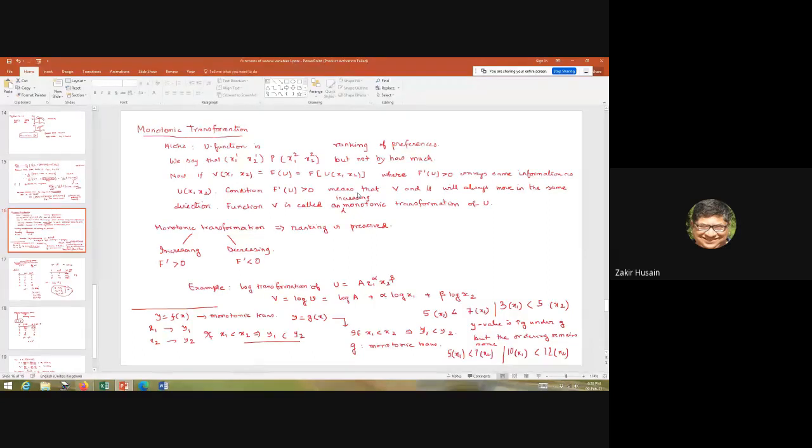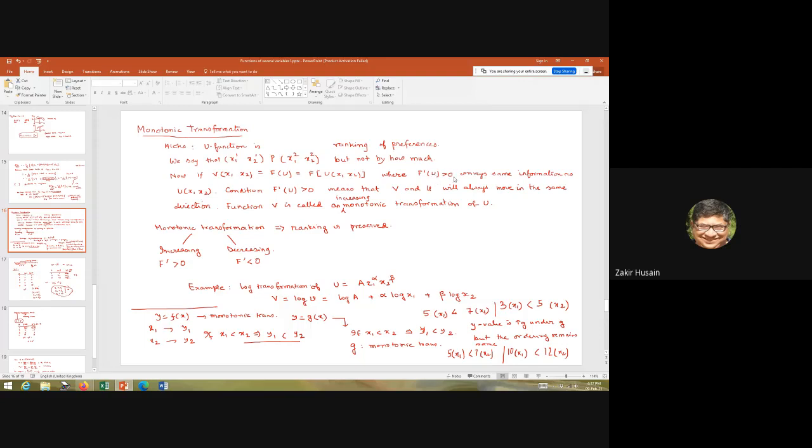Now, one important implication is that it is possible to take a monotonic transformation of the utility function. So, if we have the utility function u as a function of x1, x2, we can simply take a monotonic transformation f(u) with f prime positive.